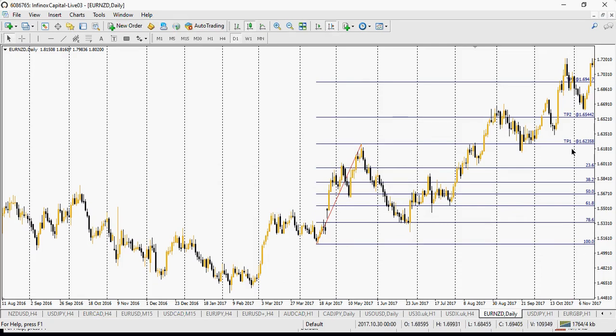Whenever I use Fibonacci, there's an extra 78.6. And then my take profit 1 is the 0.0 level, my take profit 2 is minus 0.27, and my take profit 3 is minus 0.618.